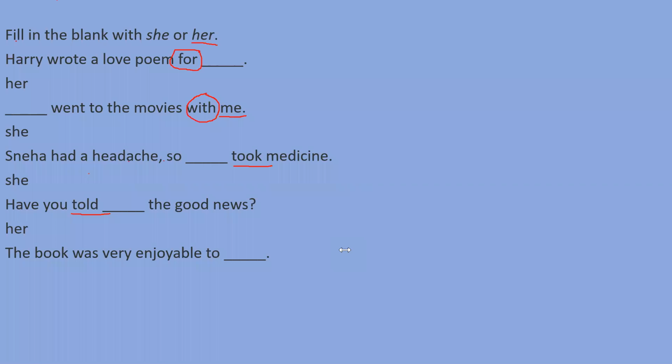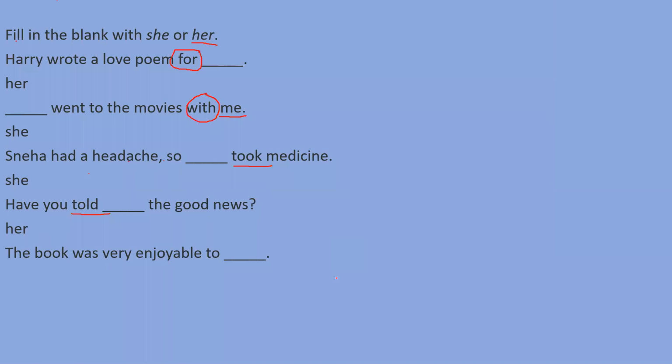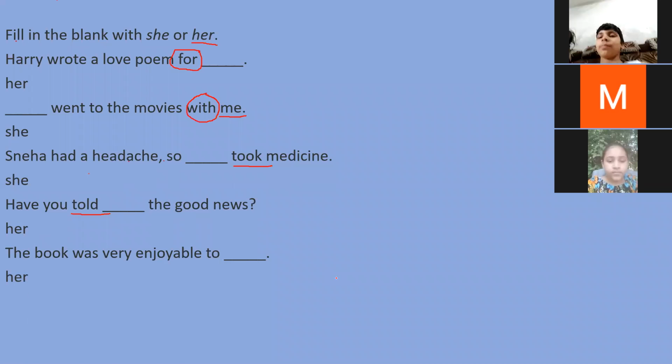Sir, she. Okay, you have tried well, but the answer is her because to is a preposition, and after the preposition, we need to mention objective case. Okay, so her is the right answer here.